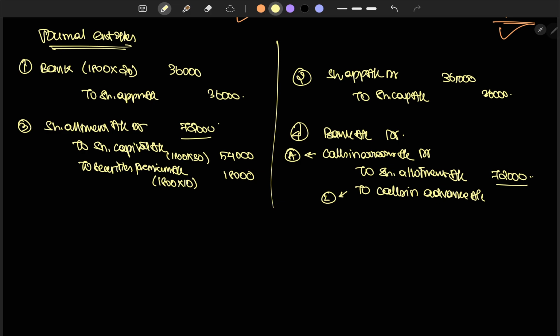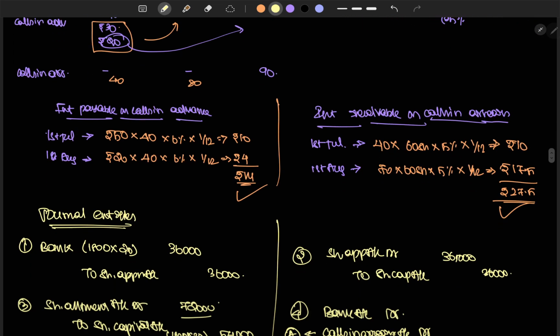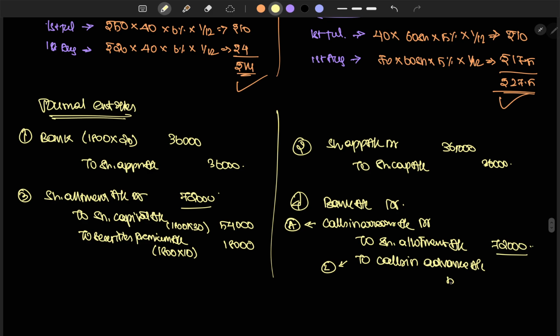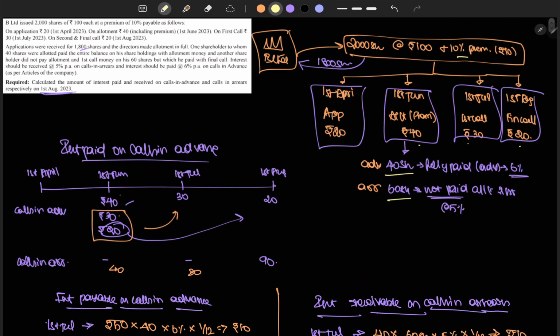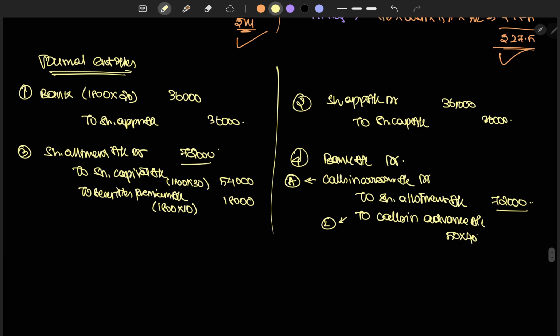And the calls in advance, how much money have we received? At that time, he has paid the entire money. So right, 40, 30 plus 20. So he has paid a surplus of 50 rupees. So 50 into how many shares have paid? Okay, 40 shares. So 50 into 40 gives us 2000.